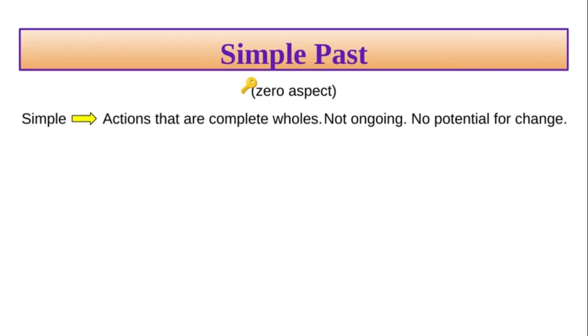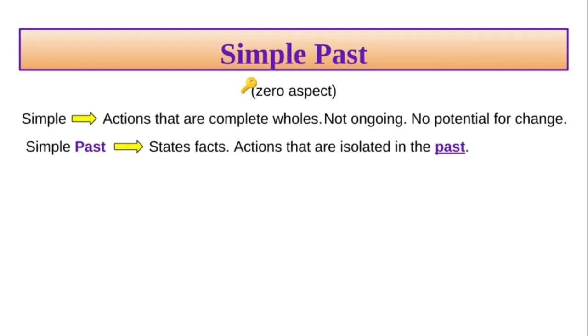The simple past, keyword past, states facts. These are actions that are isolated in the past and isolated in nature. It happened. It's completed and not ongoing. There's no potential for change.